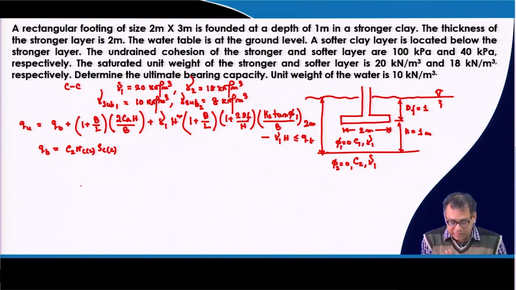For the strip footing, these S terms are not there, it will be only C2 Nc2, then gamma1 (Df plus H) Nq2, then gamma2 like this.